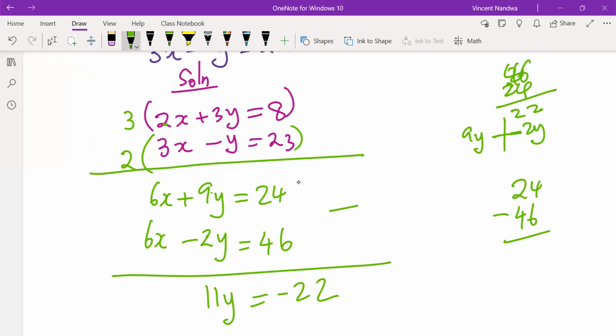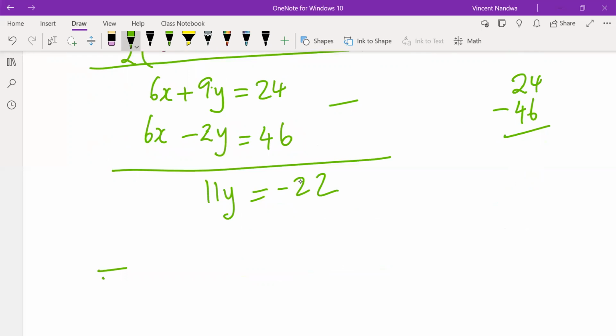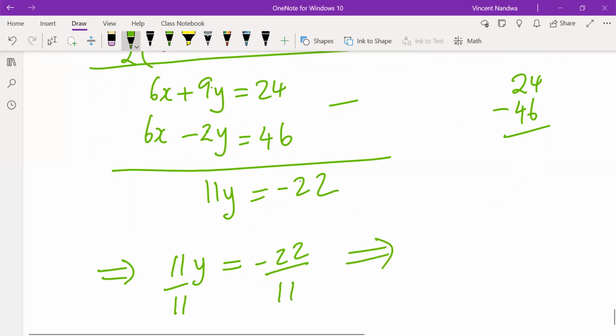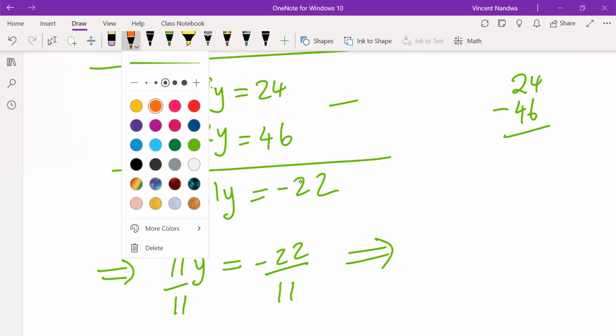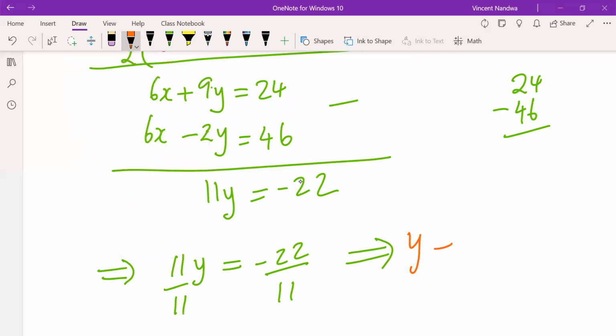So to get y, we'll have to divide through by 11, which will give us y to be minus 2. So the value of y is minus 2.